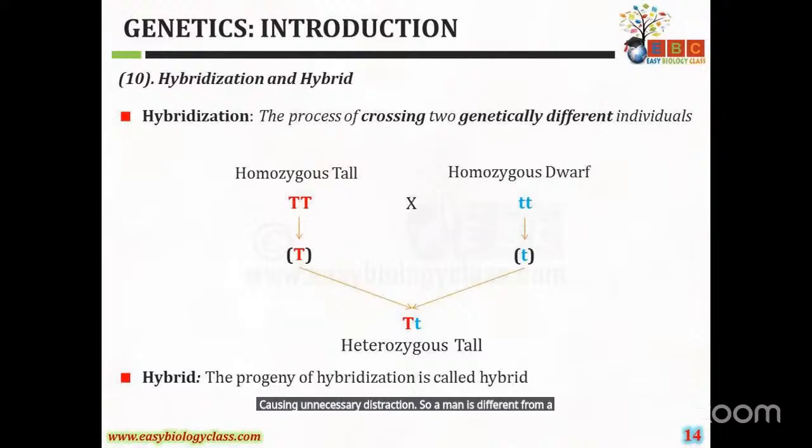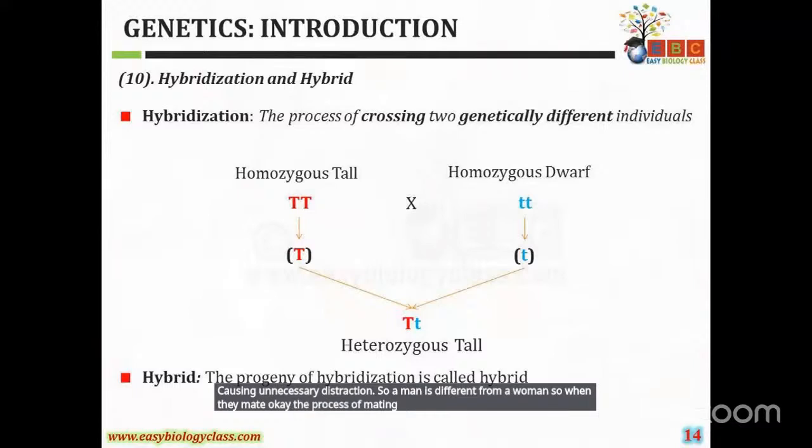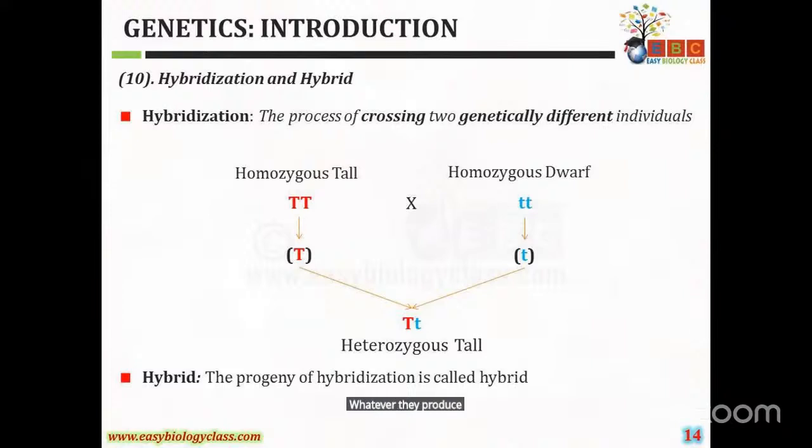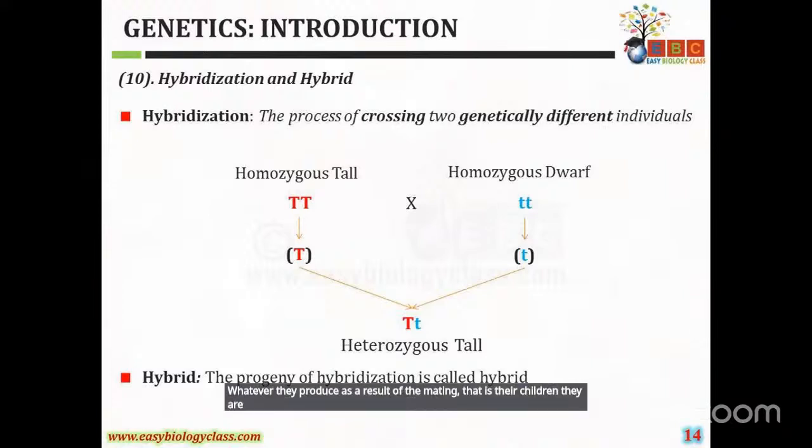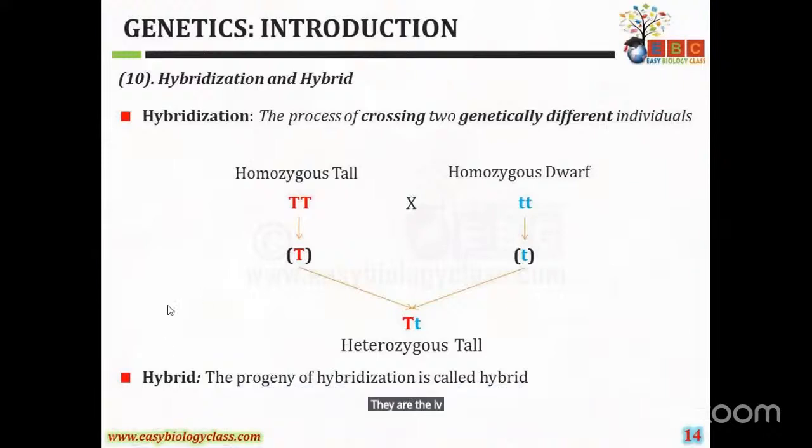So when they mate, the process of mating is hybridization, crossing them. Whatever they produce as a result of the mating, that is their children, they are the hybrid. So, for instance, now we cross a homozygous tall plant here with a homozygous dwarf plant.